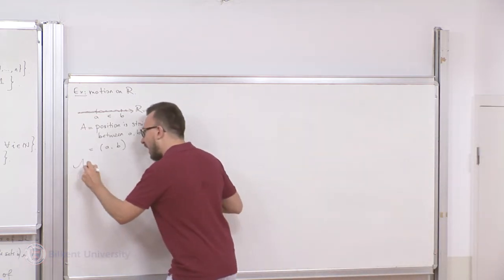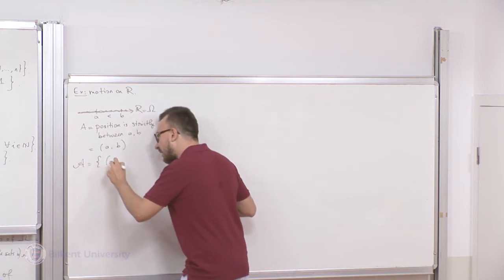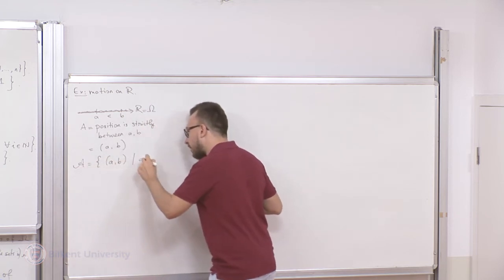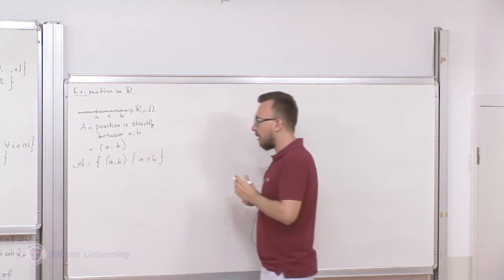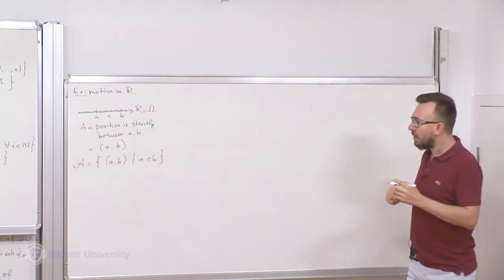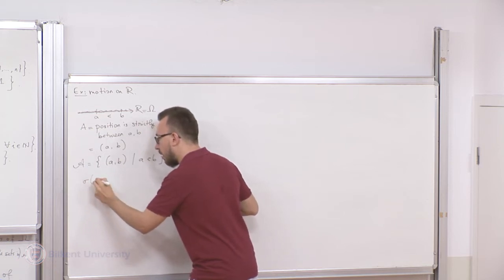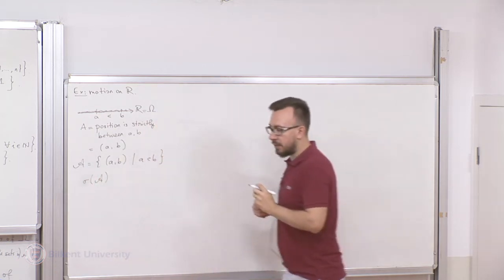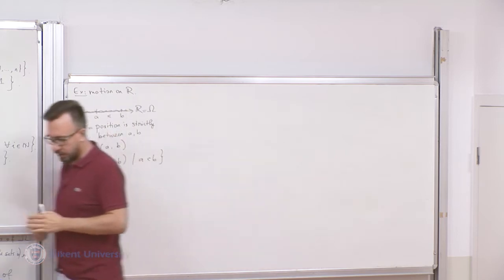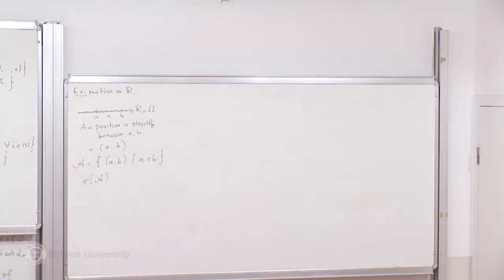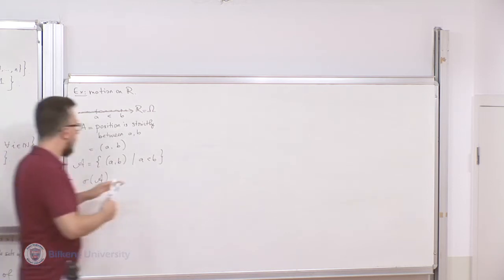So let's define script A as the collection of all such intervals. What is the sigma algebra generated by A? Let me also write a and b are real numbers.